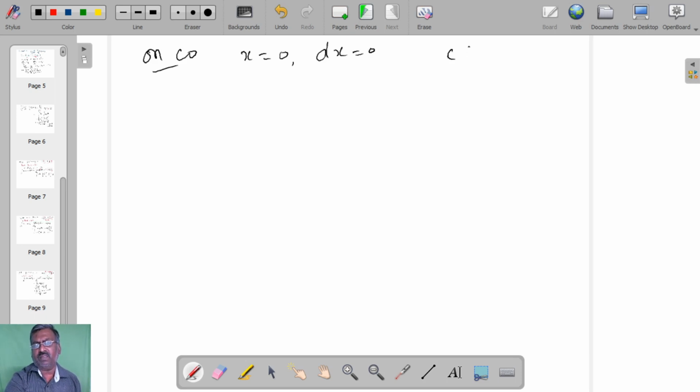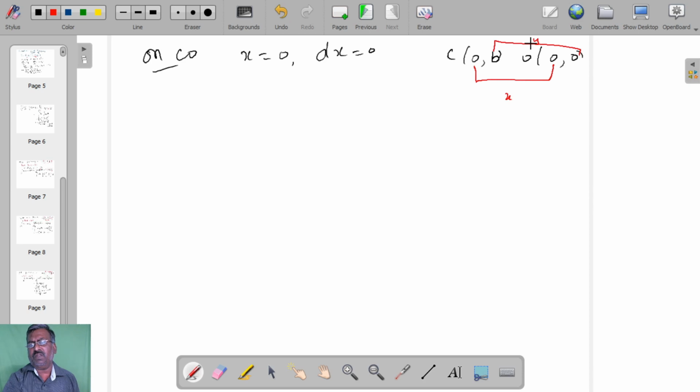Now take the points for C and O. The C coordinate is 0, B and the O coordinate is 0, 0. Now see the variables. x varies from 0 to 0, and y varies from B to 0.